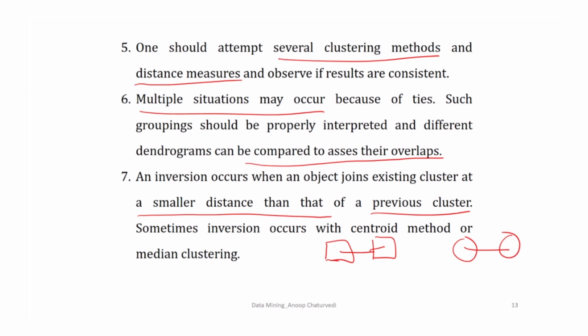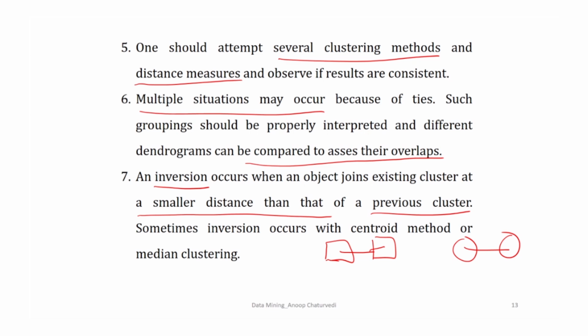Then you have again computed the distance matrix. Then the next merger is at a smaller distance than the previous merger. So, this kind of situation is called inversion.